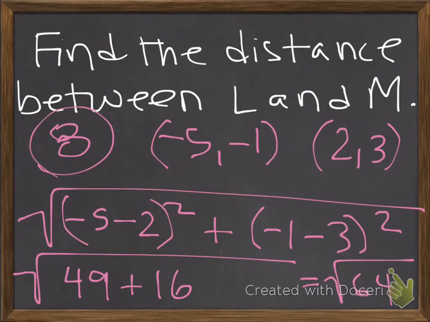So 8 is our answer. Oh, I'm sorry, that's not 64, that's 65. So it's the square root of 65, and we can actually just leave that as the square root of 65. Okay, so we don't need to write it as a decimal.